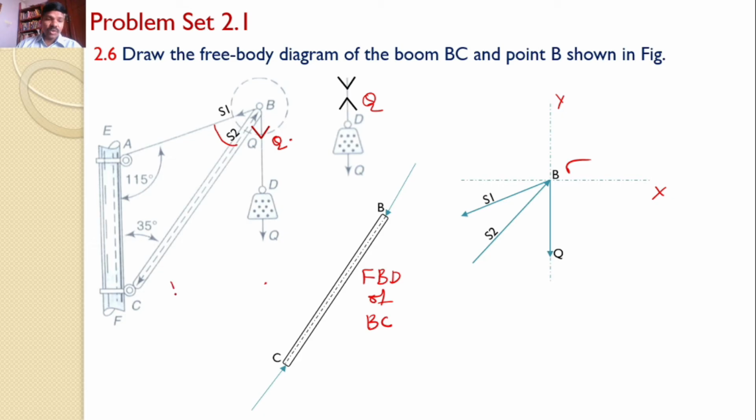This angle is 180 minus of 115 plus 35, so this becomes 30 degrees. The angle made by BC with the vertical is given as 35.